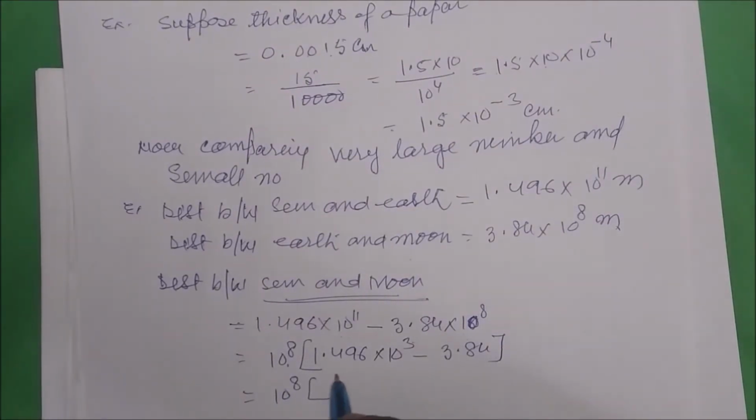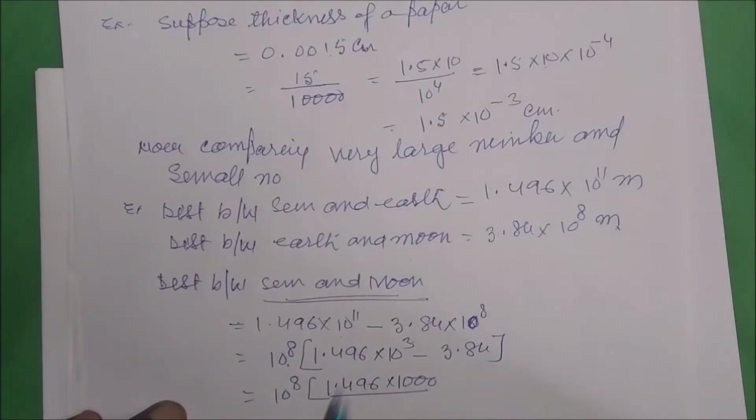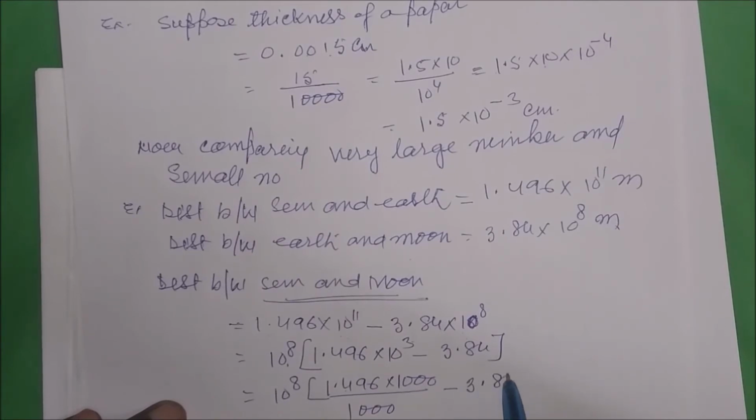Now here you can write 1.496 into 1000, and if you remove this decimal from here, what will it be? 1496, because after the decimal 3 digits are there, minus 3.84. Right? Now again 10 to the power 8. When you see this, the 1, 2, 3 zeros have been cancelled. So what is left in the bracket?